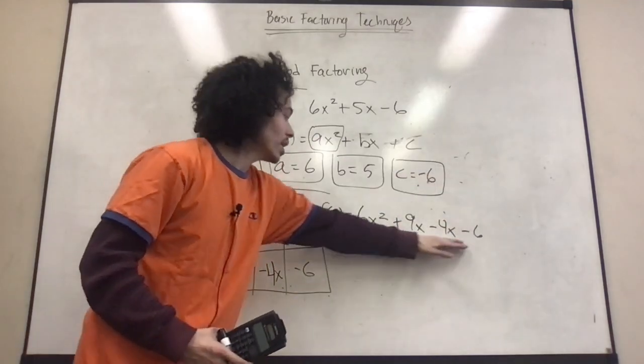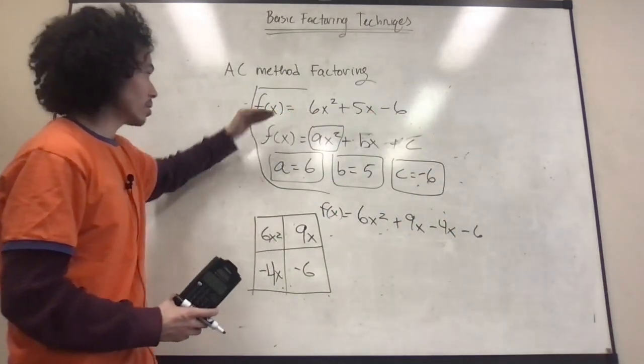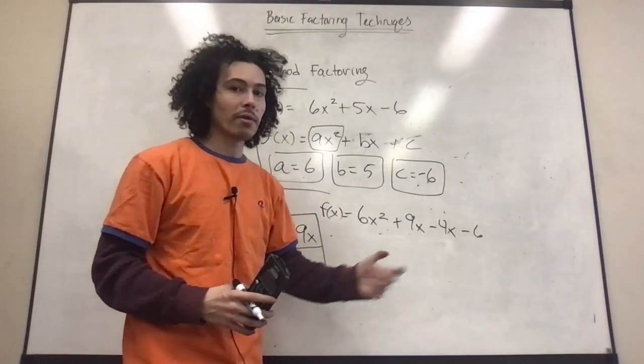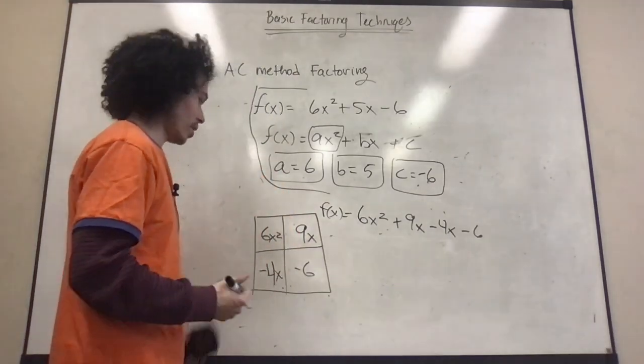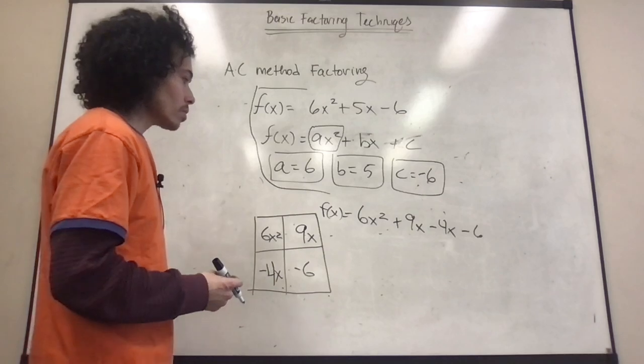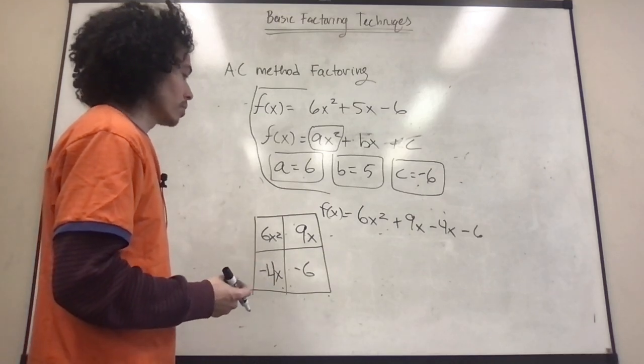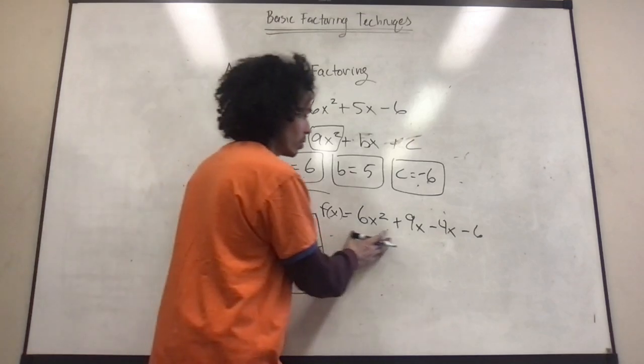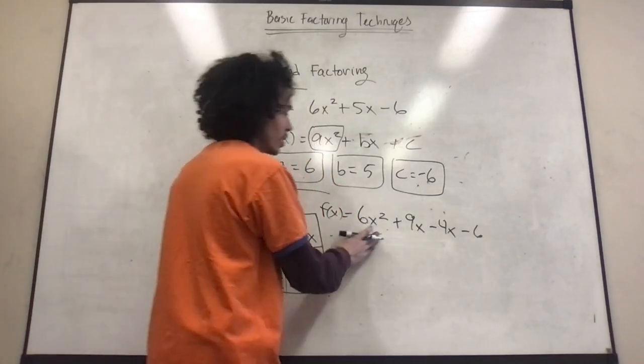So both of these are equal to each other. We have, in fact, rephrased the function to our benefit. Now you can either continue with this box or continue with the normal factor by grouping technique.